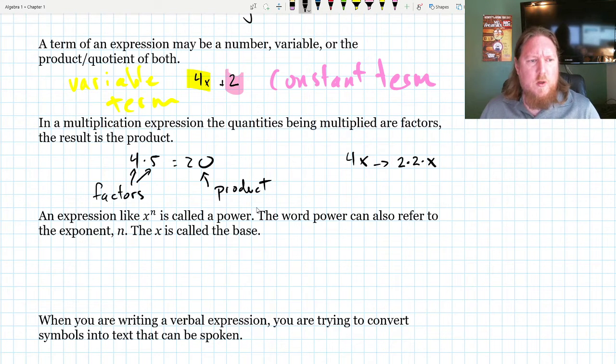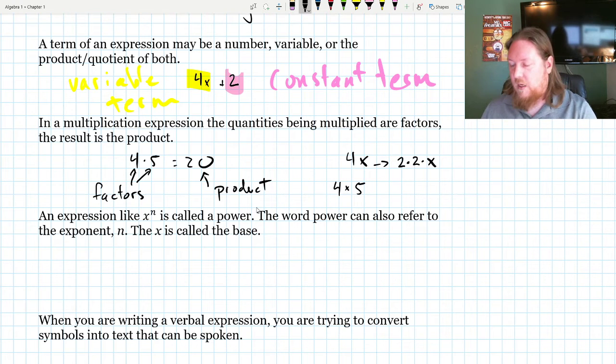One thing with multiplying is we have lots of different ways of showing it. So we can have 4 and we use the little x times 5. That's how you probably first learned the symbol for multiply. 4·5 is another one.